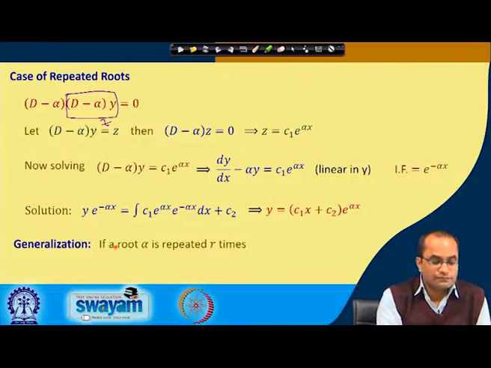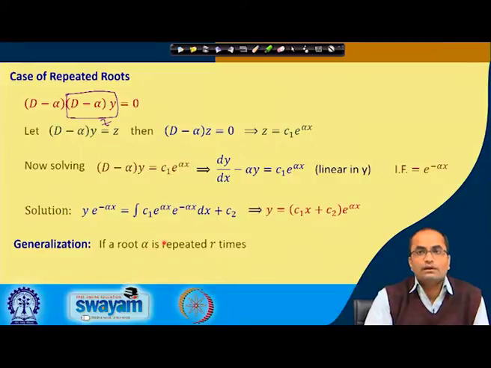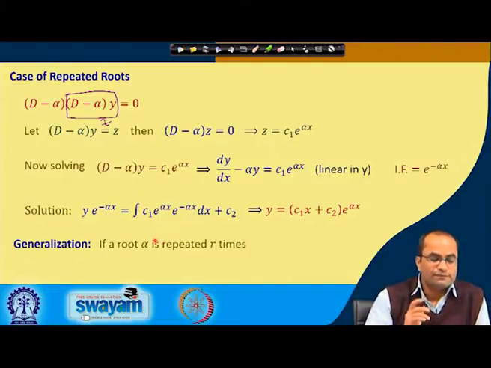The generalization of this we can also get when the root alpha is repeated r times in a general nth order equation. So, we will get n roots, and some of them may be repeated. Here we assume that the alpha root is repeated r times.